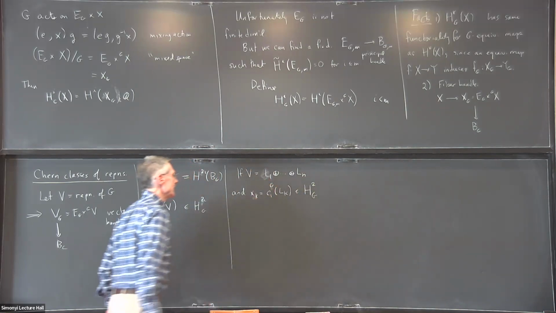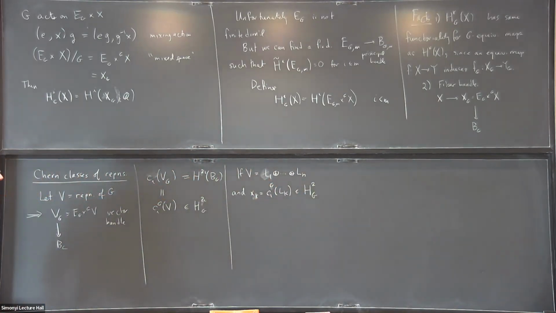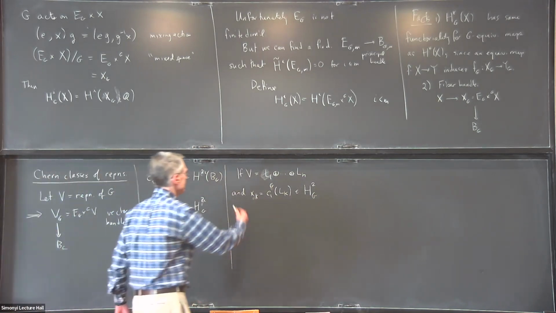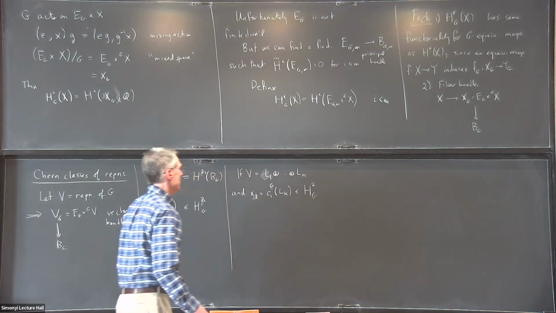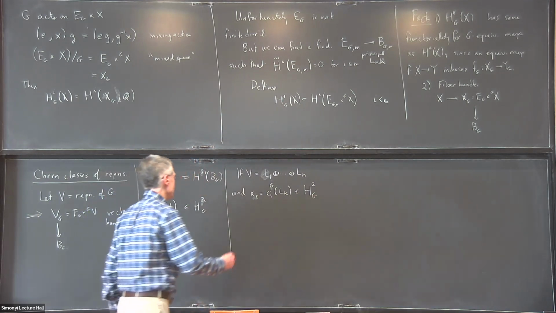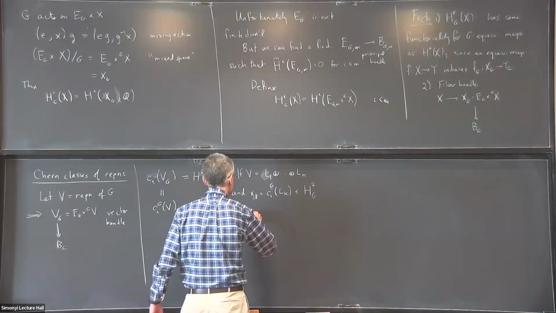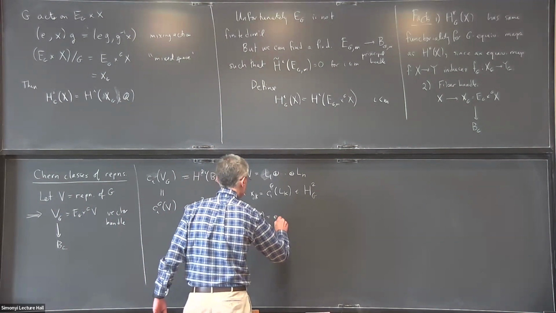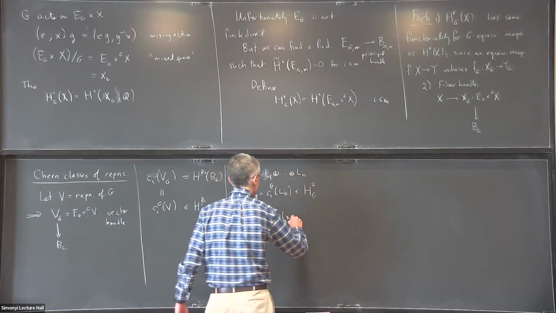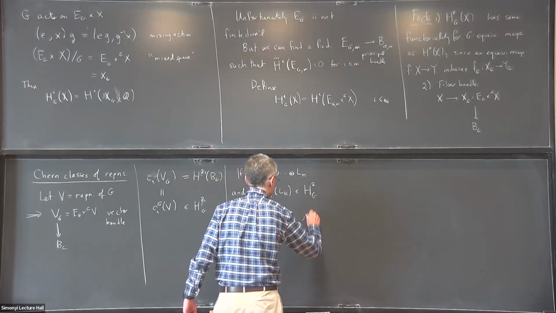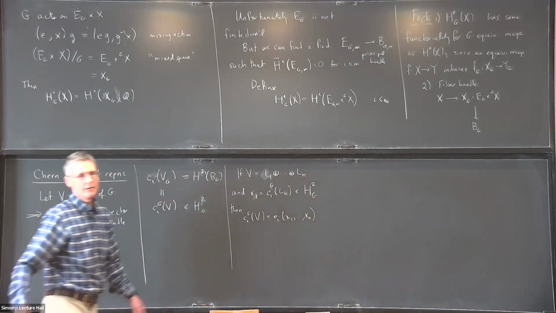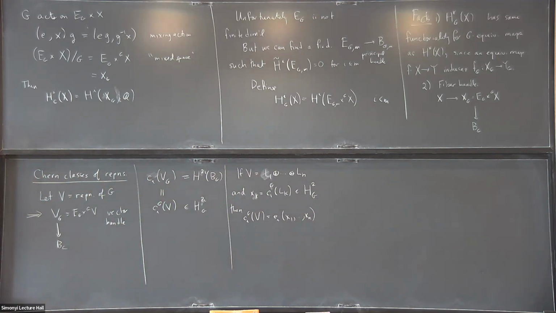So if I have a splitting of my representation into one-dimensional representations, L is for line here, and x_k is the first Chern class of that representation, then c_i^G(V) is just the ith elementary symmetric polynomial in x_1 through x_n. That's a standard fact about Chern classes. Okay.